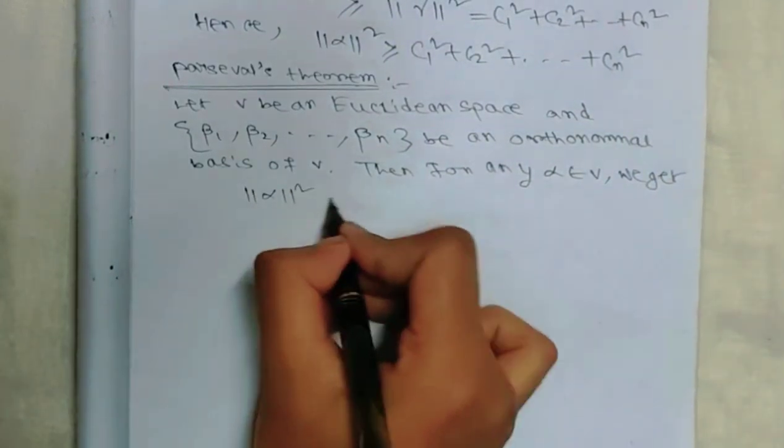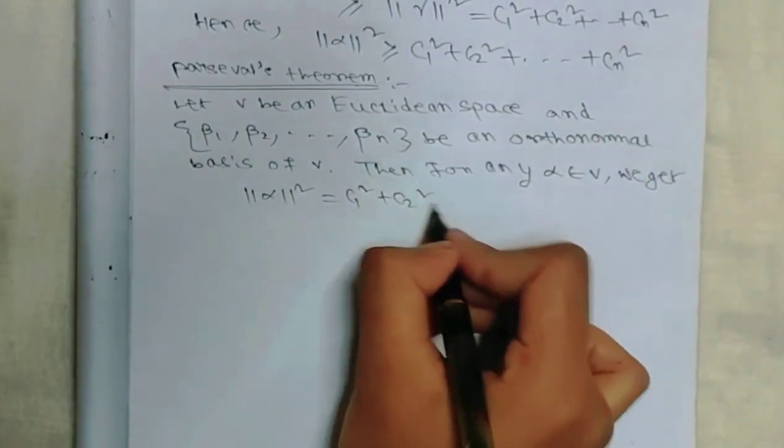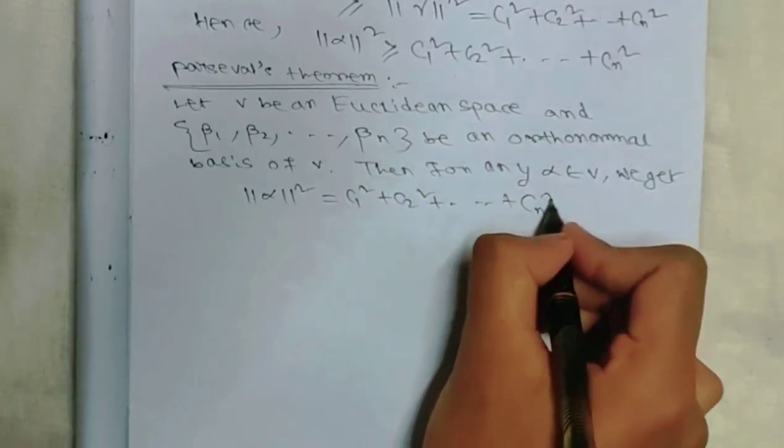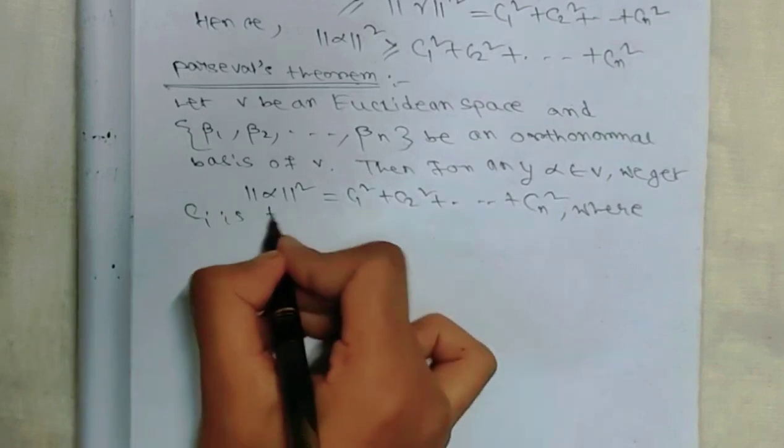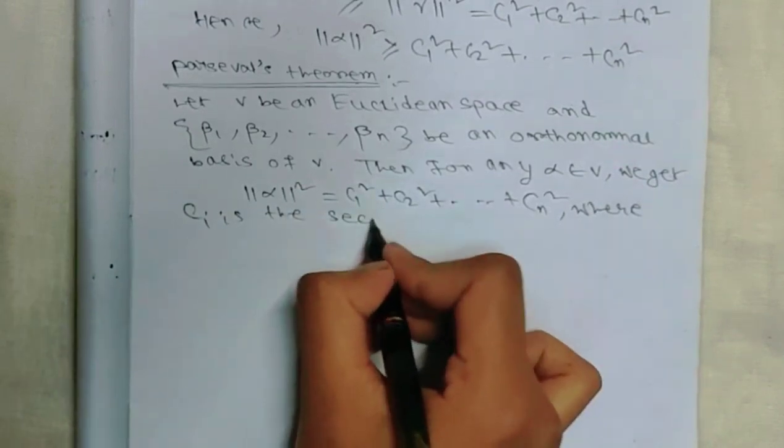Norm α squared equals c1² + c2² + … + cn², where ci is the scalar component.